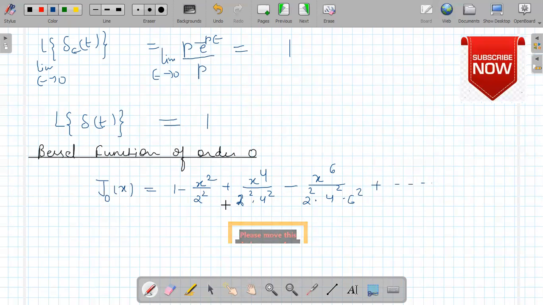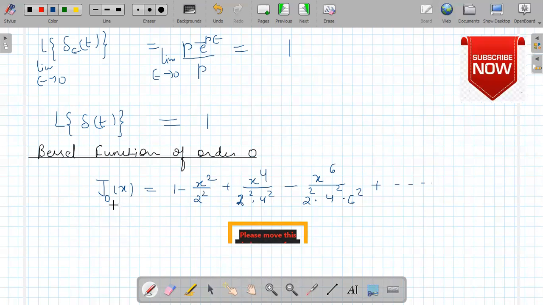So you can find its Laplace transform by finding the Laplace transform of each and every term separately. You can convert this into variable t if you are not comfortable with variable x.